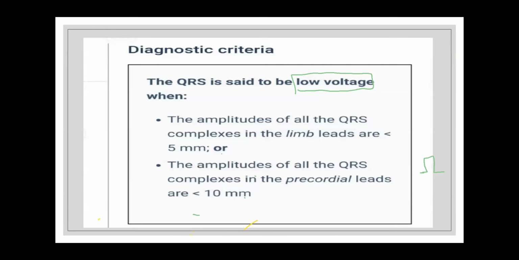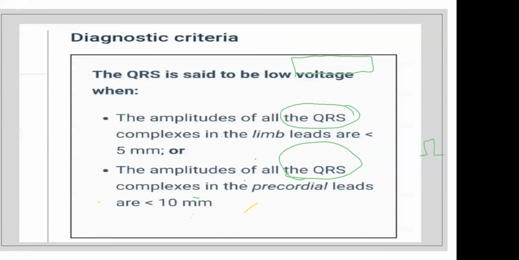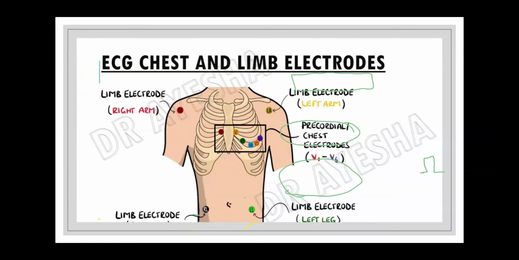In the ECG you have two types of leads: limb leads and precordial leads. What do you mean by precordial leads? Precordial leads are those leads which are attached on the chest.